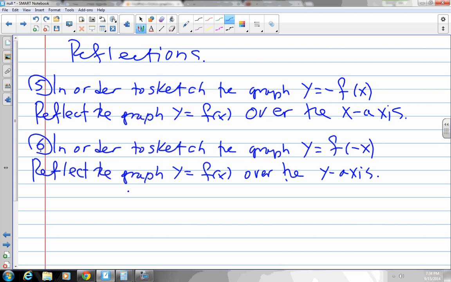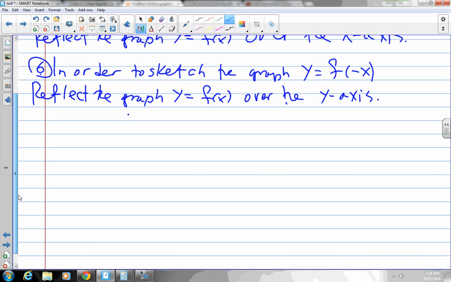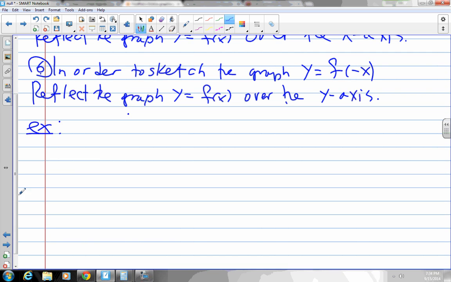Okay? So again, I want us to sketch and find domain and range. So here's the function f of x equals negative x plus 2 squared minus 3.